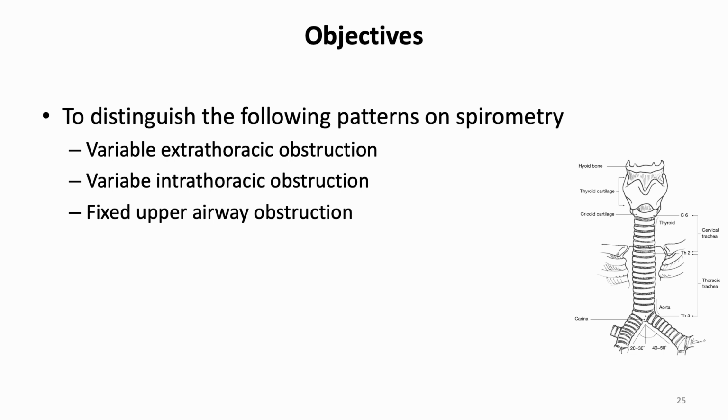So the objective of this session is for you to be able to distinguish between variable extrathoracic obstruction and variable intrathoracic obstruction, and to distinguish them from fixed upper airway obstruction. Now, with fixed upper airway obstruction, it's not possible to distinguish between intra and extrathoracic. So they may be either of the two.